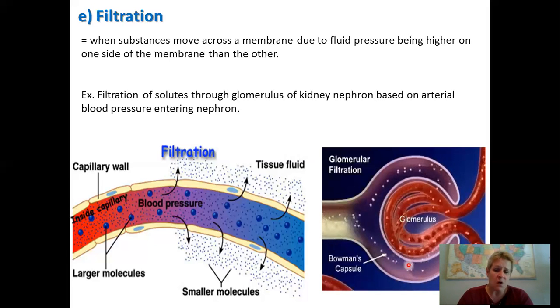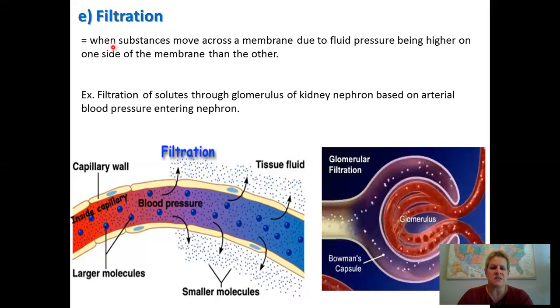It will allow small things to go through, like water, like gases, like glucose and small proteins, but big things can't fit through the pores of that membrane. Now what happens is arterial blood comes into the glomerulus under blood pressure, and that pressure forces the small things through the membrane into the filtrate.